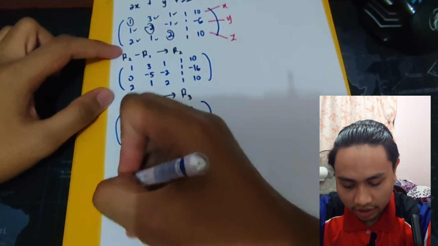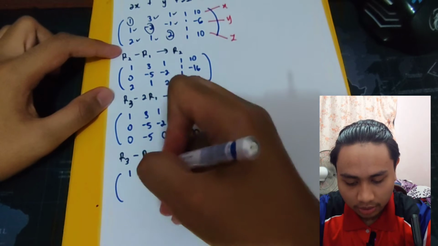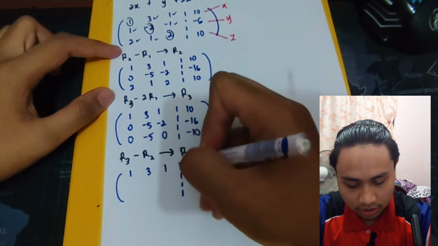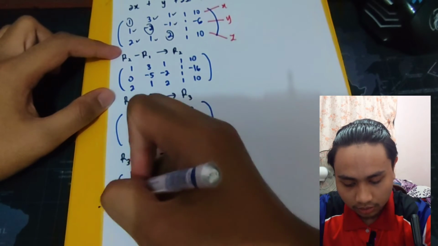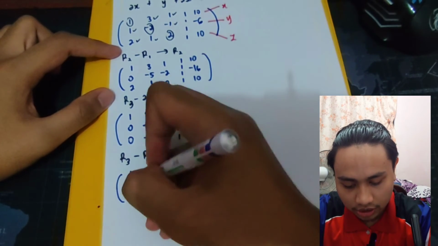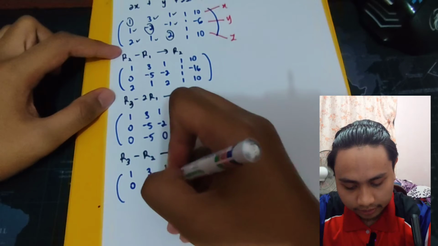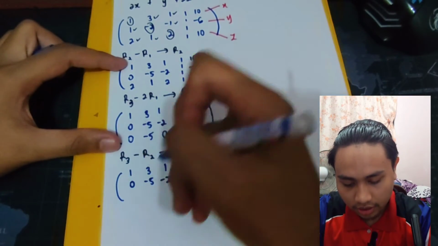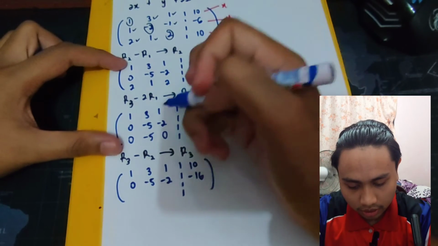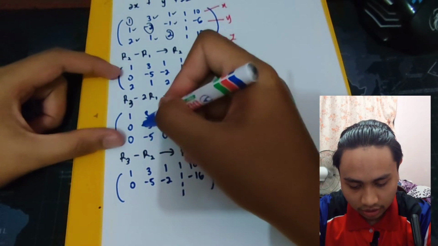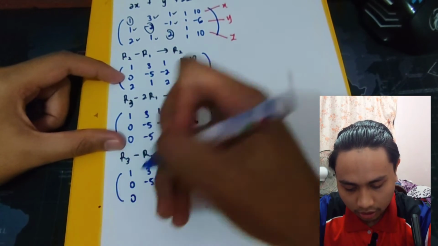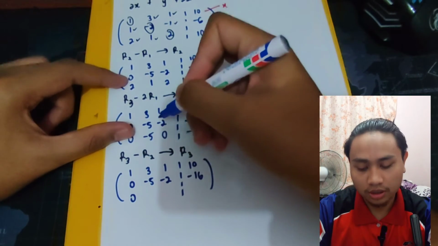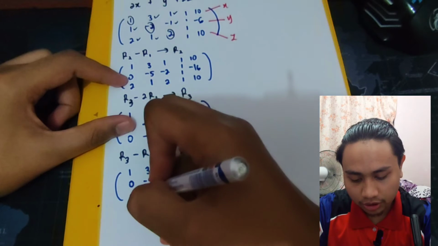So we will get row 1, just write it again because there's no operation there. Also row 2, there's no operation. And here row 3 minus row 2 becomes 0.